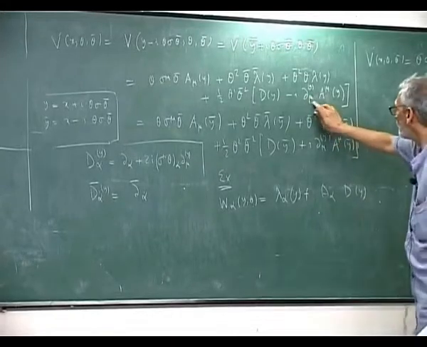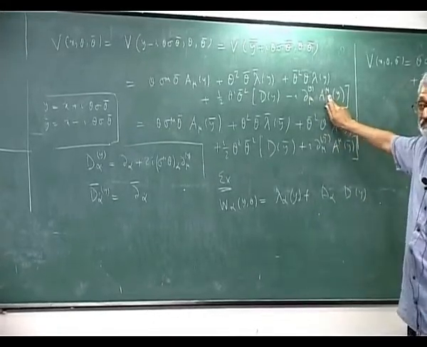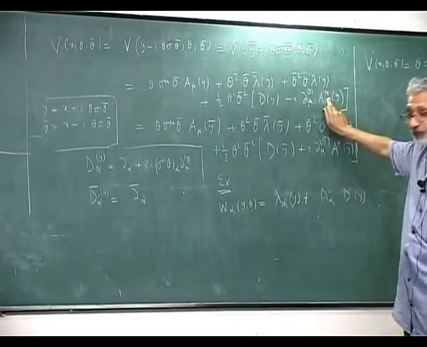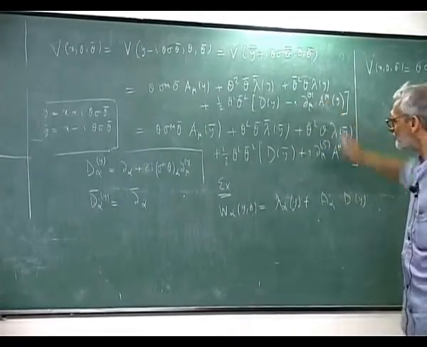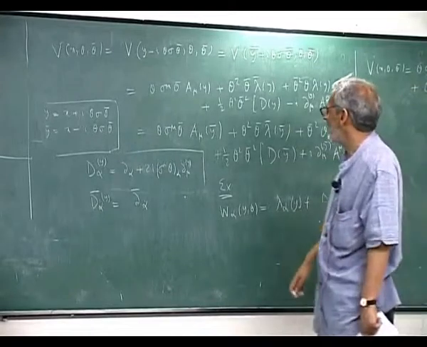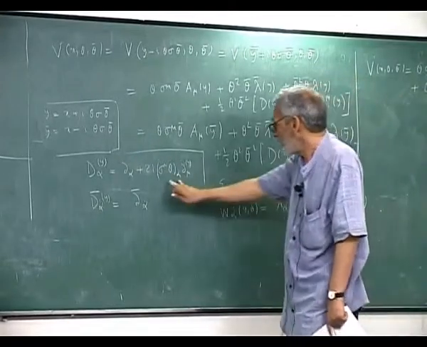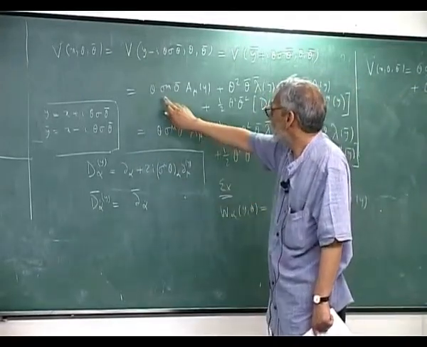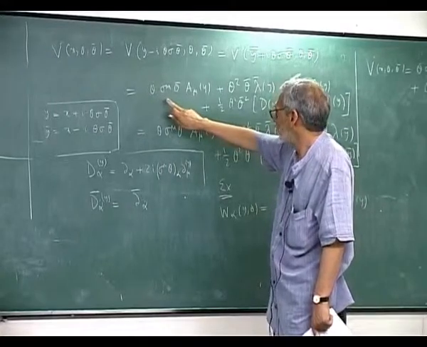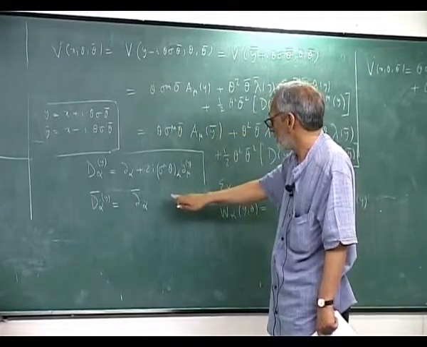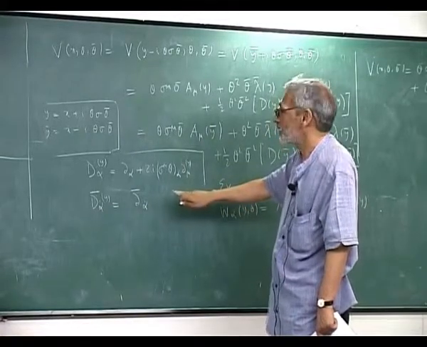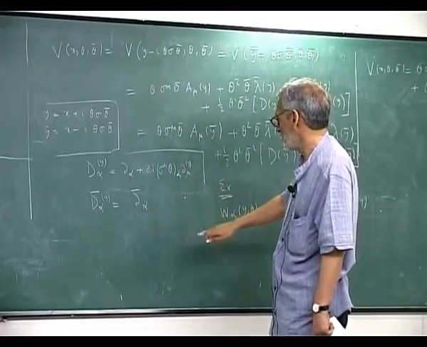There will also be a term d mu a mu for the same reason here. But this term, if you look at it now, when you hit, you have 2 d bars.